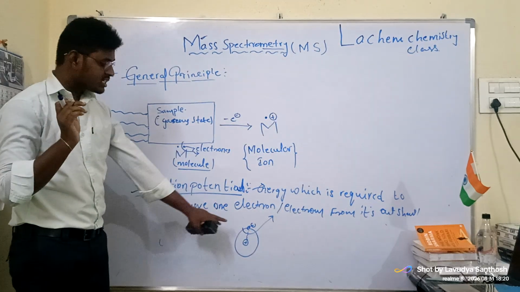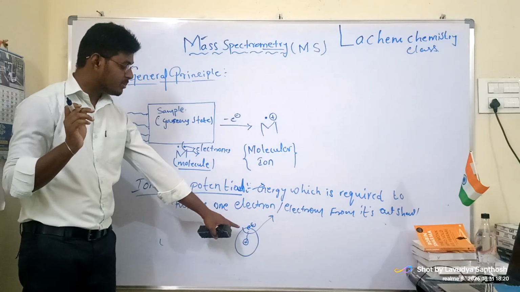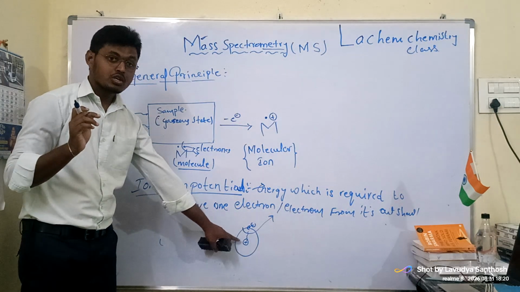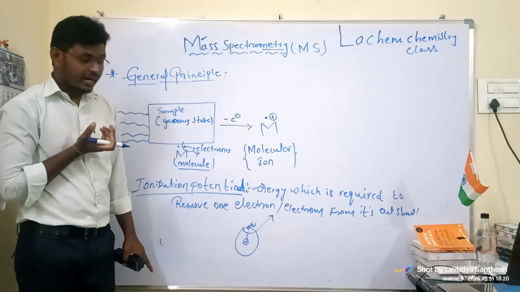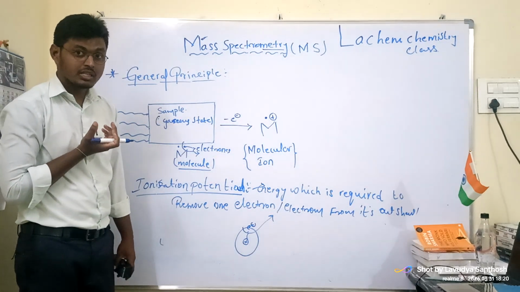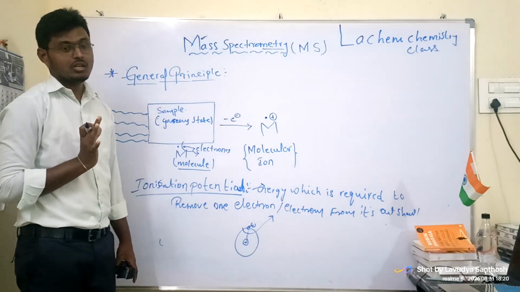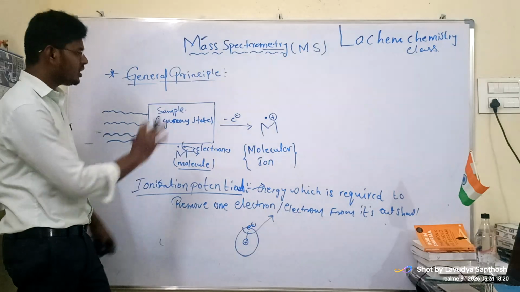In the S group elements, electrons are very near to the nucleus, so the nucleus strongly attracts them and it can't give them up as simply. Remember this. So this is what ionization potential is.